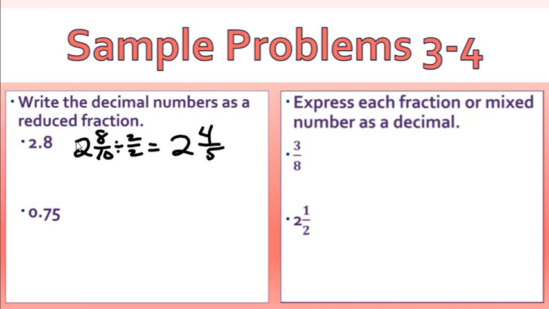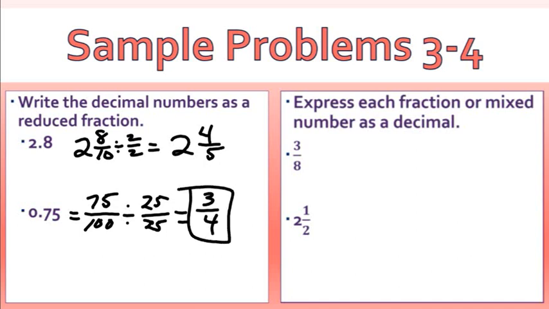That would be my reduced fraction as a mixed number. 75/100, that's the same thing as saying 75 over 100. I can reduce this by dividing by 25 in the numerator and the denominator, and you would end up with 3/4. So 3/4 would be our reduced fraction.